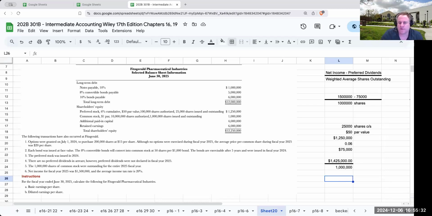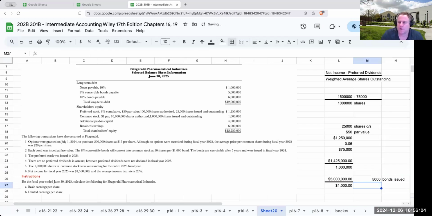So when we look at this over here, we've got 5 million worth of bonds. And this tells us that each bond was issued at face value, and it's per $1,000 bond. So basically we have 5 million in bonds. Each bond has a face value of 1,000, which means we issued 5,000 bonds.